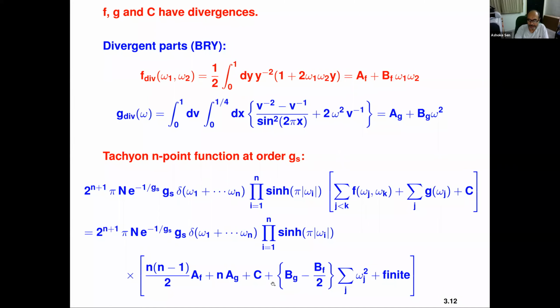So the only combination that you see in the amplitude is BG minus BF over 2, right? That's what we see from here. BF over 2 because BF comes with each of these, but sum over omega j omega k is minus half sum over omega j square. Okay, so that's the way these constants appear in this n-tachyon amplitude. And then of course there are finite pieces which come from the finite parts of F and G. But those are all known in principle.